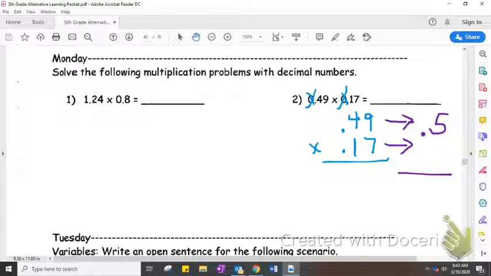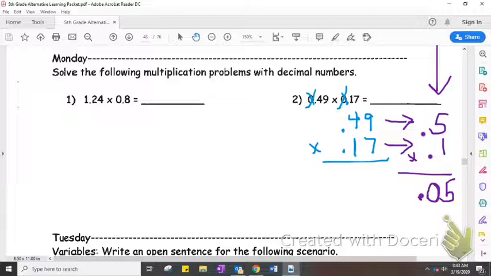I know it rounds to 2 tenths, but when I'm multiplying mentally, it's easier for me to make it a 1. So 5 tenths times 1 tenth. I'm basically saying half of 1 tenth is 5 hundredths.